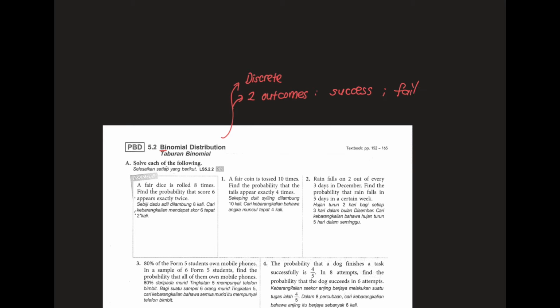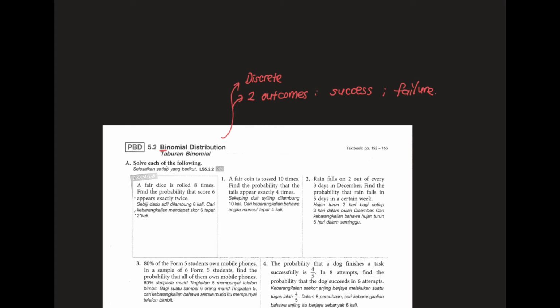Success is whatever the question is looking for. For example, score 6 appears is counted as success. Failure is the opposite: score 6 doesn't appear. So we have success and failure.